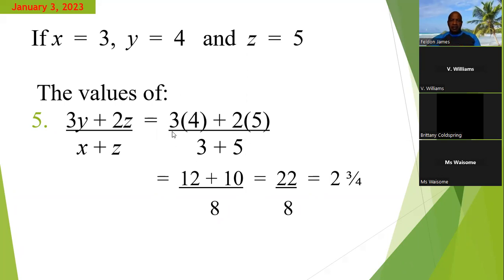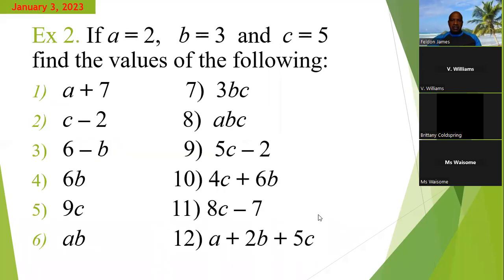So simplifying the numerator, 3 times 4 is 12, 2 times 5 is 10, and the denominator, 3 plus 5 gives you 8. So for the numerator, 12 plus 10 gives you 22. So we have 22 over 8. It's an improper fraction. Now we write that as a mixed number. So we get 2 3/4.